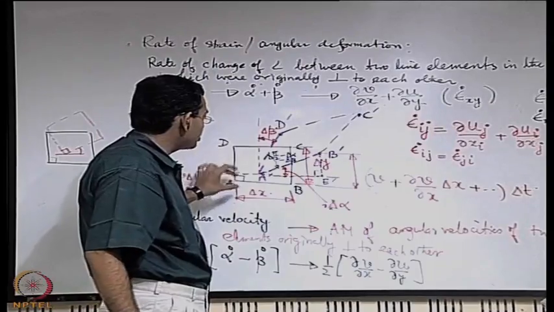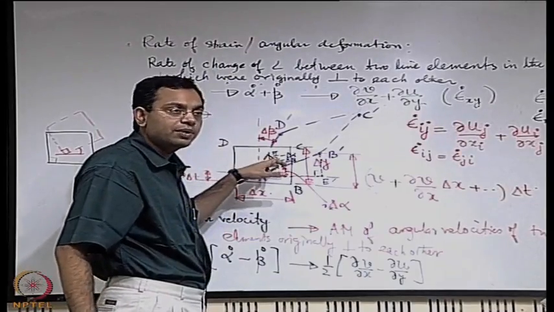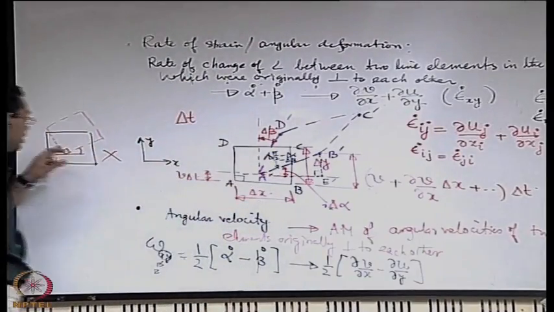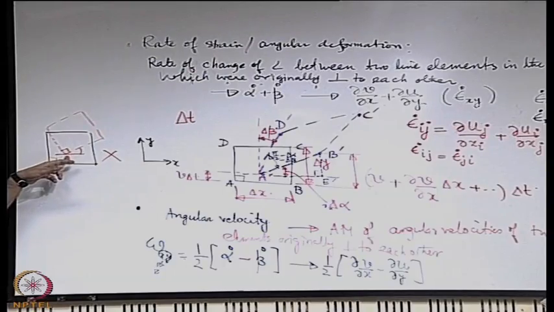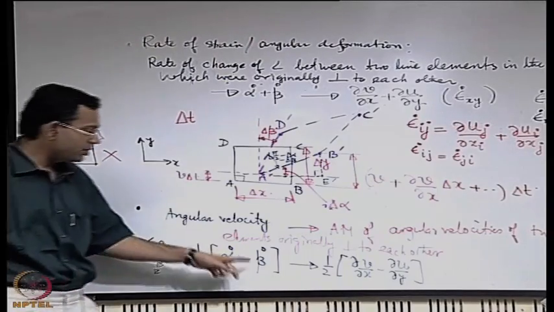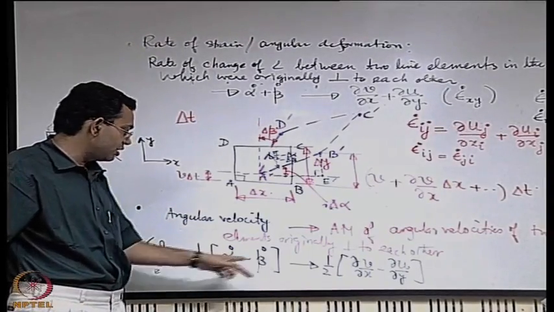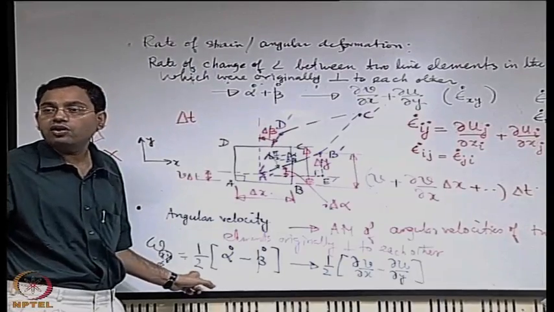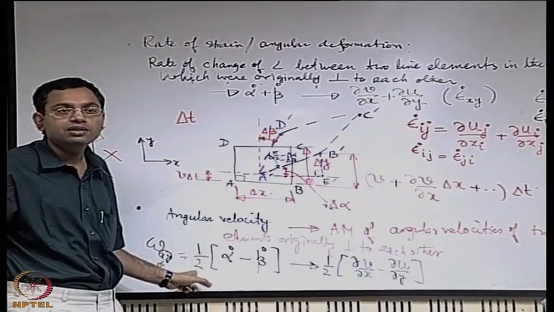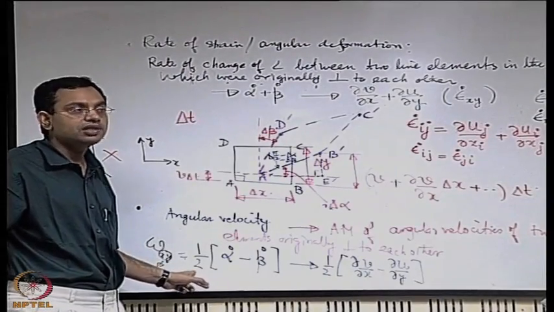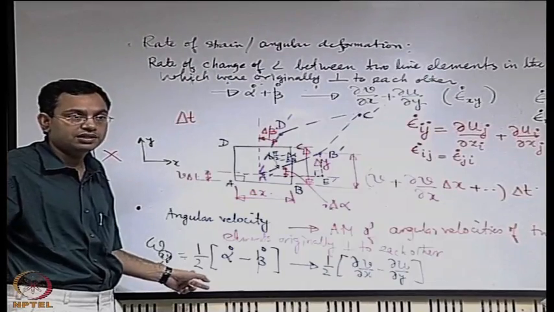So the angle which was originally pi by 2 remains pi by 2, and that is the rigid body deformation case that we are considering. In that case, it becomes as good as either alpha dot or beta dot. So in that limit it corresponds to the definition of angular velocity in rigid body mechanics.